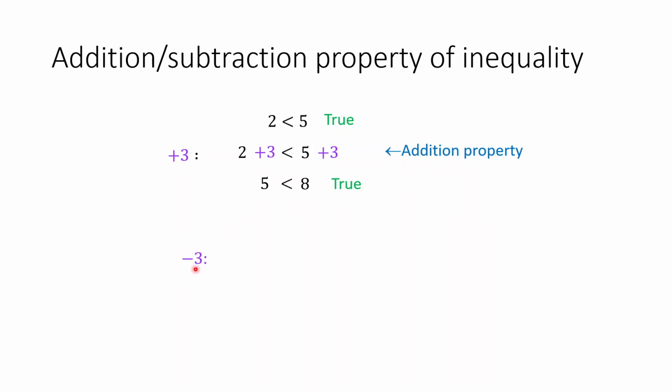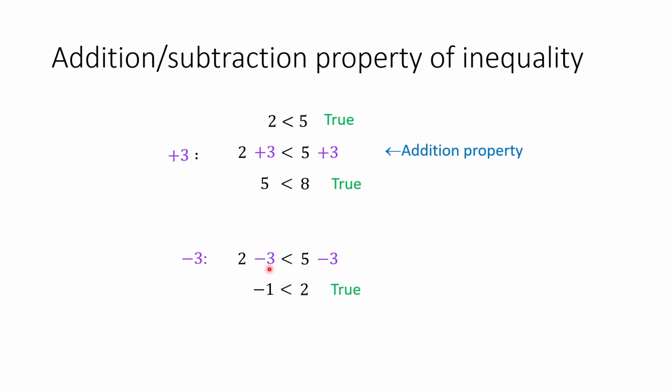Now I am going to subtract number 3 on both sides. 2 minus 3 less than 5 minus 3. 2 minus 3 is negative 1, less than 5 minus 3 is 2. Negative 1 less than 2. This is also true.